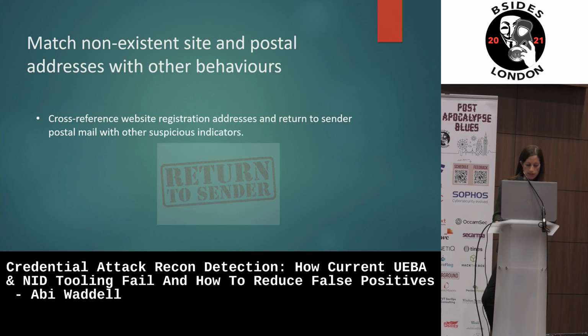This is less likely to warrant flagging, but could still be relevant depending on your industry. So it's useful to cross-reference any non-existent physical address entries made by users on your company websites, or return to sender postal mail addresses, with other behaviours. Attackers may, as part of any enumeration, create dummy addresses as part of a fake registration.